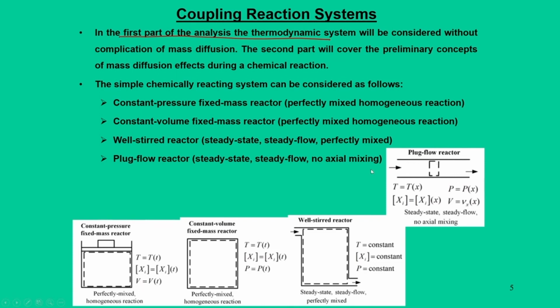We can arrest the mixing in one particular direction. So in a plug flow reactor we model this as steady state, steady flow, but we do not allow any axial mixing. There is no axial mixing, but there can be lateral mixing.